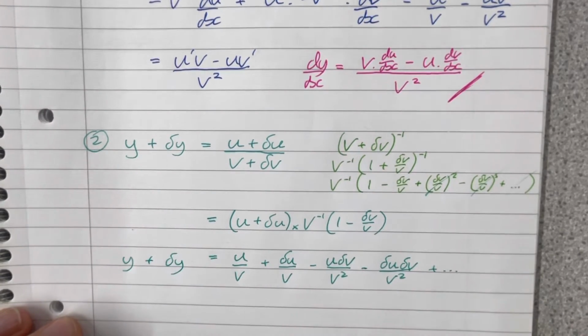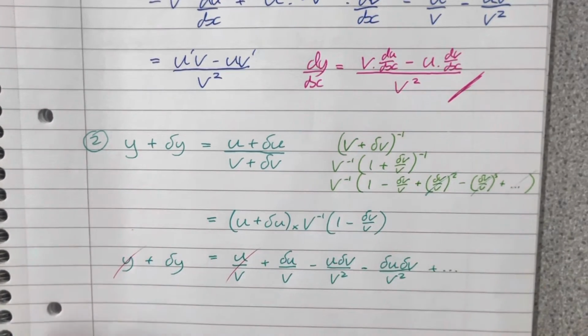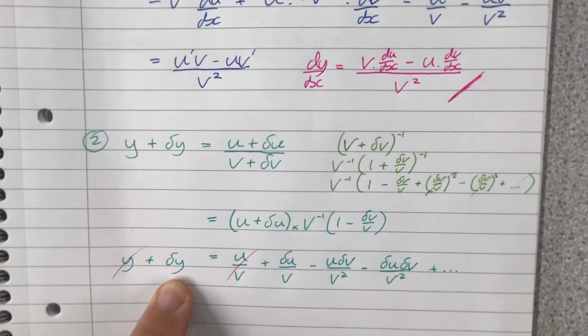And now we can see how the y cancels with that one, because y is u on v, so I get delta y is this thing.